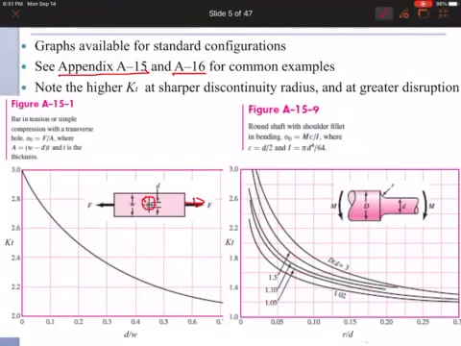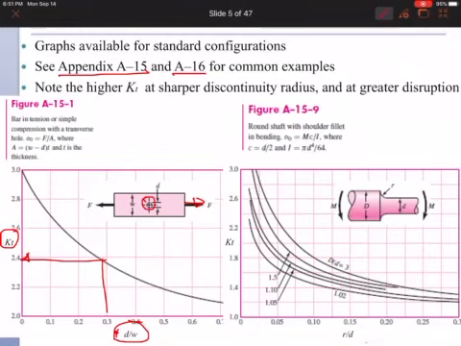You need the diameter of the hole, d, and w, which is the width of the plate, to get this ratio. And let's say, for example, diameter by width was 0.3. So from 0.3 you go up and you can read the stress concentration factor on the vertical axis.